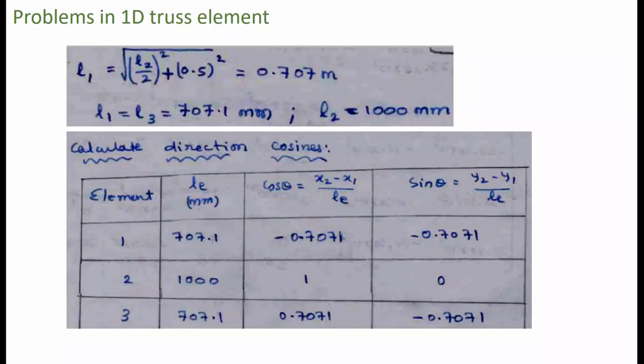So the adjacent side is L2 divided by 2 squared, and then the vertical distance is 0.5 squared. So we will give it in meters, or we will consider 500 square. So 500 square plus 500 square, the value will be 707 mm. So the lengths of L1 and L3, both elements, will be the same, that is 707 mm. And then the length of element 2 will be 1000.